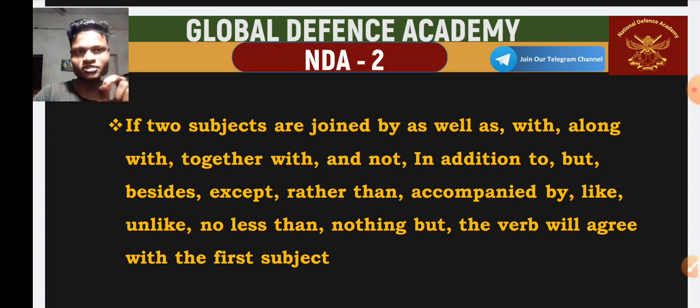if two subjects are joined by as well as, with, along with, together with, not, in addition to, but, except, no less than, nothing but, and many more in a sentence, then what do we have to do? You have to use the verb according to the first subject, not the second subject.